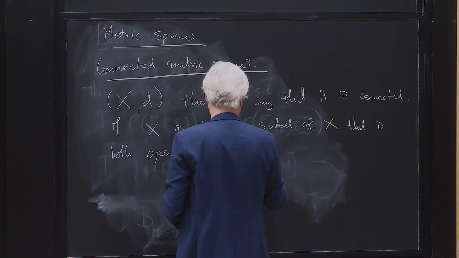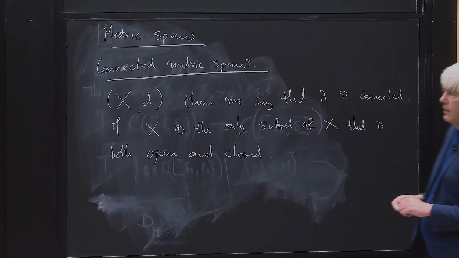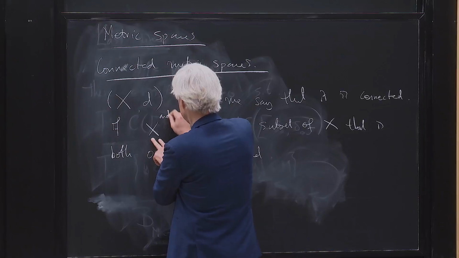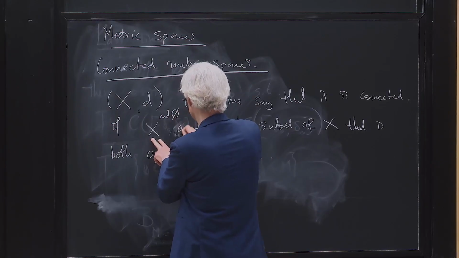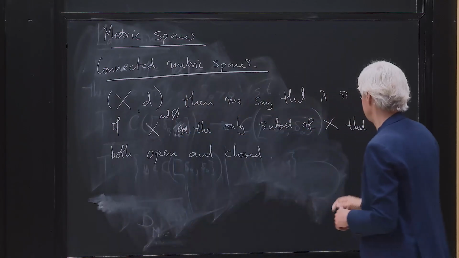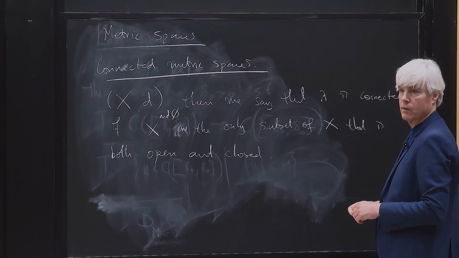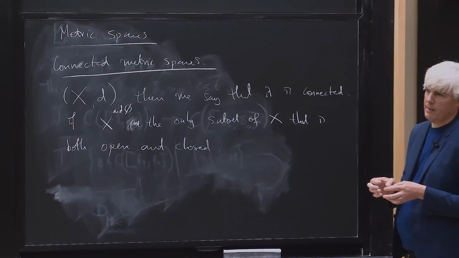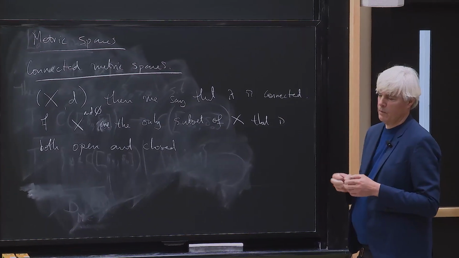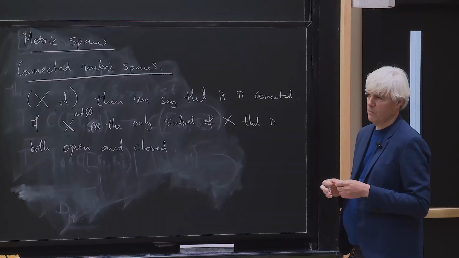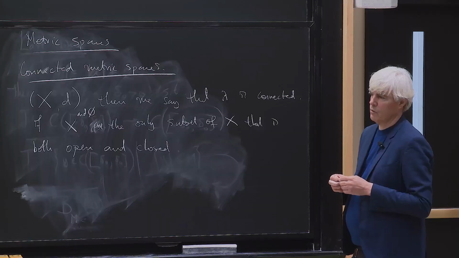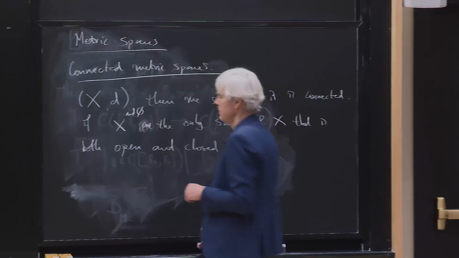Right, remember that if you take a metric space, then X and the empty set are always both open and closed. And so it's connected if those are the only two subsets that are at the same time open and closed, okay?